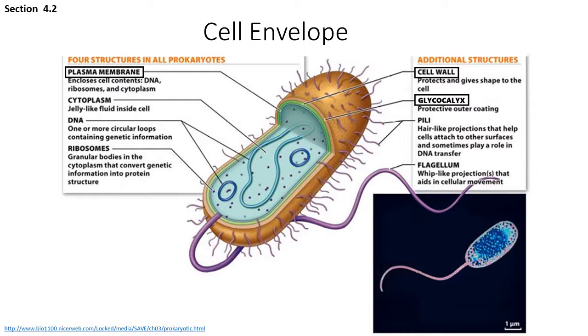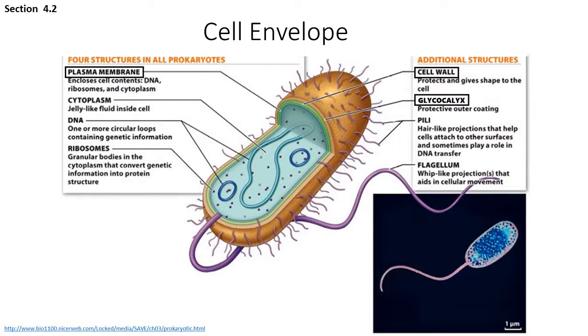Four structures that are found in all prokaryotic cells are the plasma membrane, the cytoplasm, DNA, which is found as circular loops, and ribosomes.